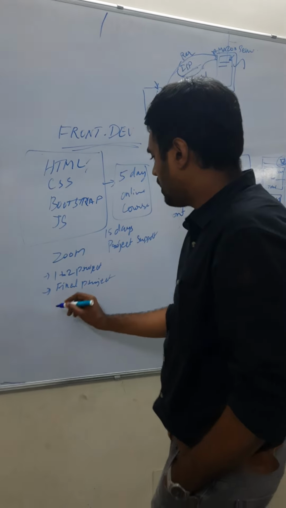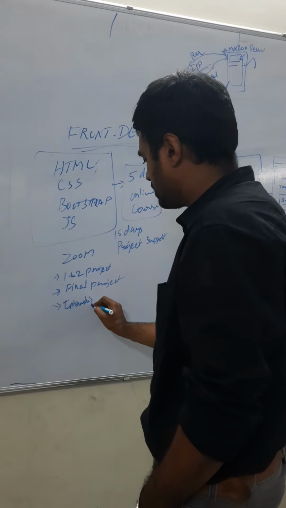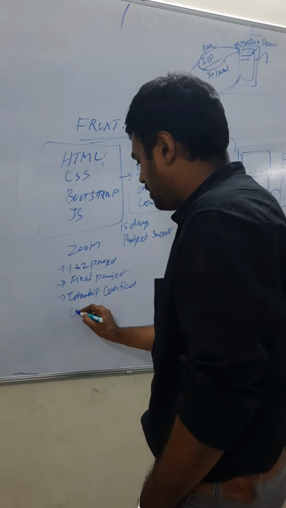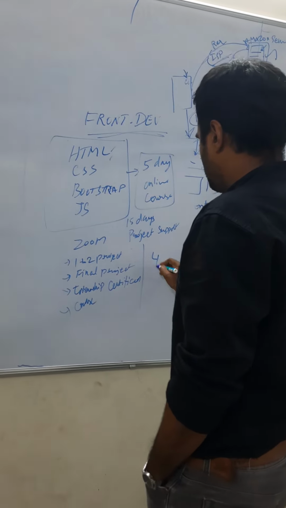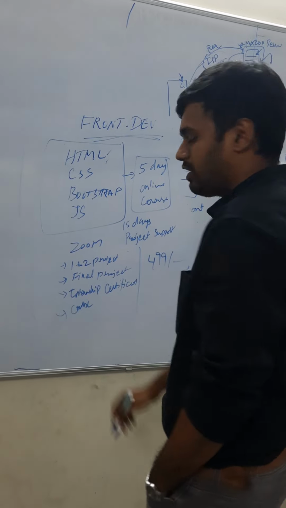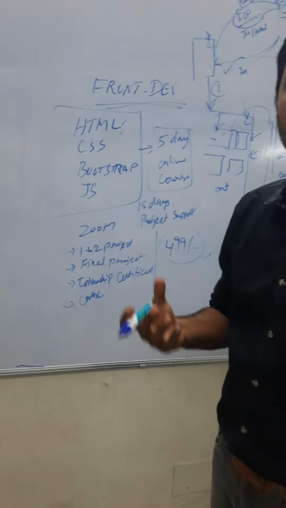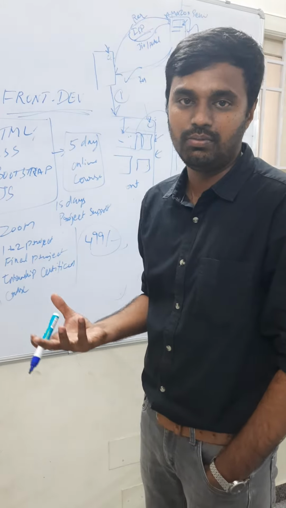And finally, we provide an internship certificate and a course completion certificate also. Internship certificate and course completion certificate, everything we provide for just 500 rupees. So this is just the cost of your movie ticket or just a lunch price or dinner price.